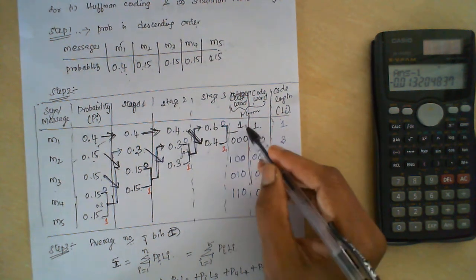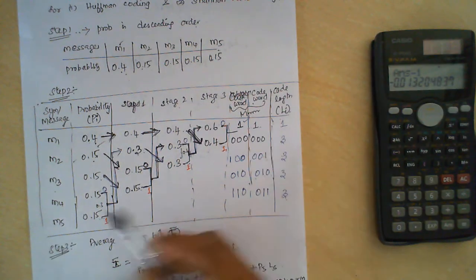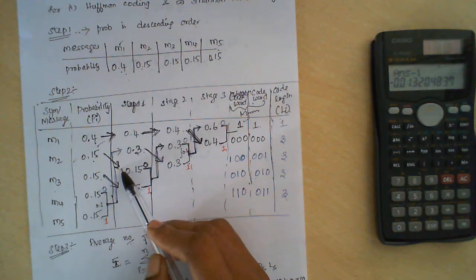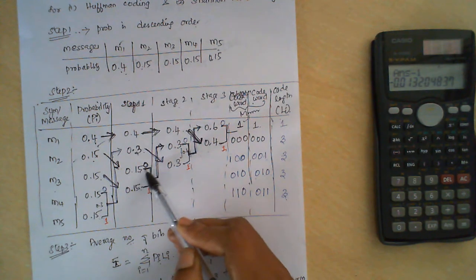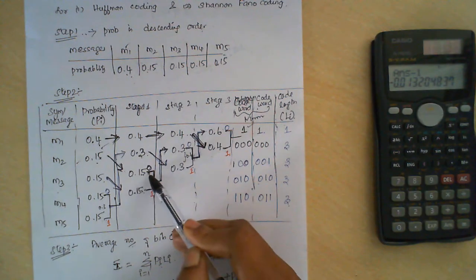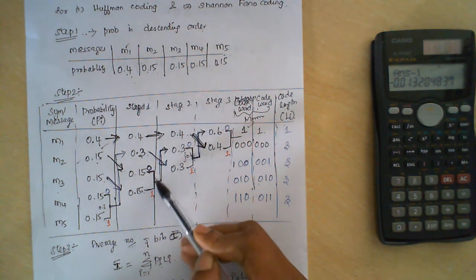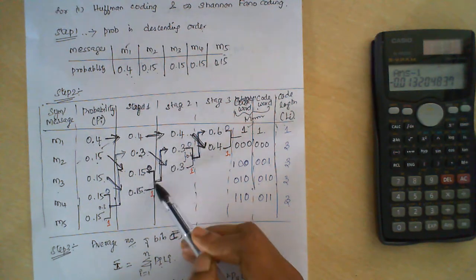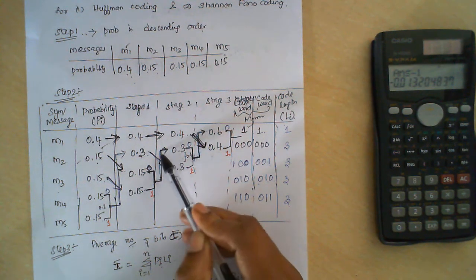So that is why I am giving it as 1 here. Next is 0.15. It is shifted down. Again you should check with this symbol. Though it is coming down, the value here is 0 because at the next level it is going up. So it takes the value of 0 since it is going up.